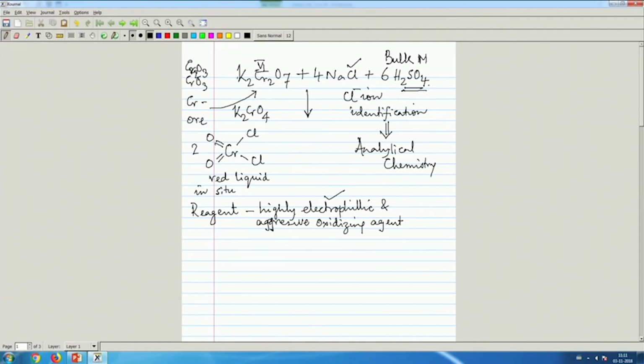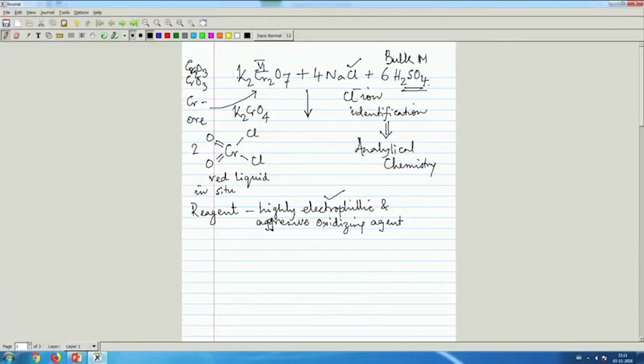It is the chloride ion available from the other solid inorganic salt, like sodium chloride, that gives us chromyl chloride, and along with it we get 2 molecules of potassium bisulfate. So, when we make this red liquid, we have to go for its corresponding bisulfate formation.